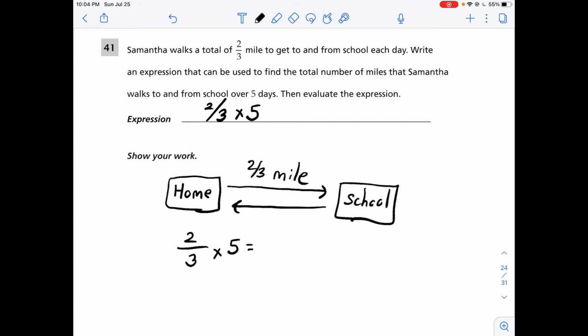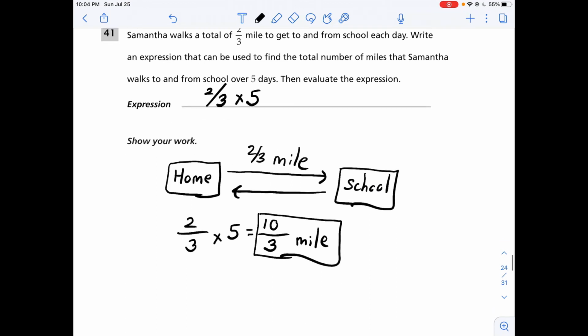When we multiply a whole number by a fraction, we only multiply the numerators. So 2 times 5 is 10. And then 10, we don't multiply the denominator, so 10/3. So 10/3 mile is how far she walks in 5 days.